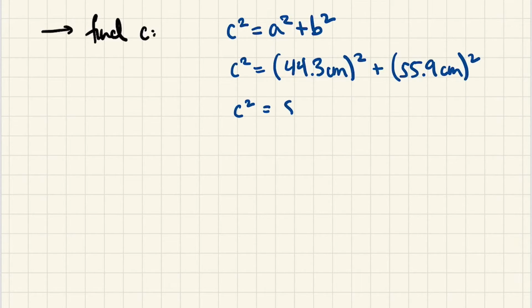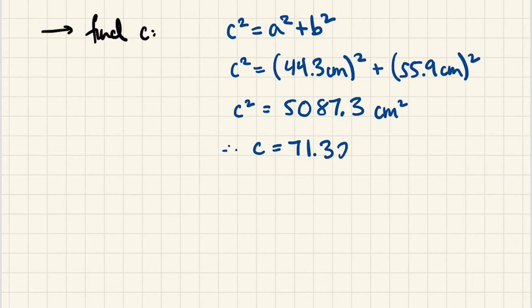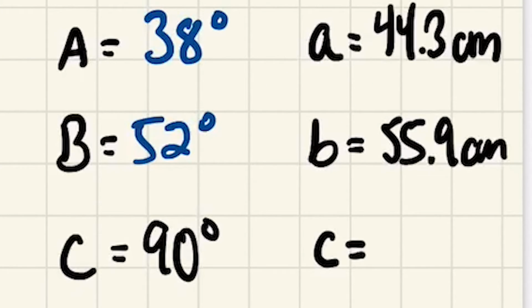So on a calculator, I got that c squared is 5,087.3 square centimeters. And therefore, taking the square root, we get 71.32531108, etc. centimeters. Let's go put that in our final answer. So we need to round to the precision that's given in the problem here. So that would be 71.3. And we need the units, centimeters. And that's our final answer.